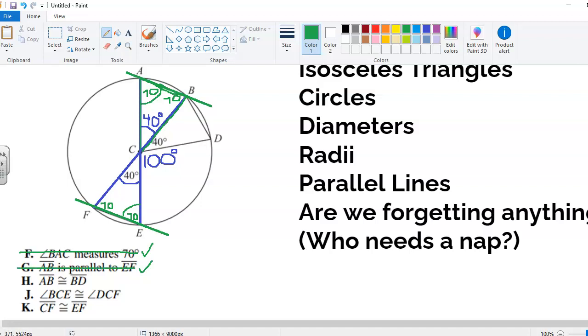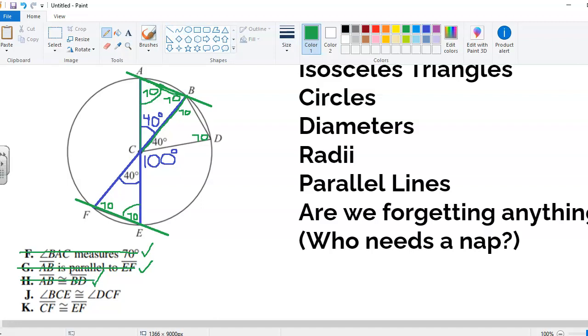All right, AB and BD are congruent. Well, if we've got 40 and 70, 40 and 70, these triangles are completely matching. We could get into our angle side relationships from back in the day if we wanted to, but I'm just going to move on. I'm feeling pretty good about this. Okay.